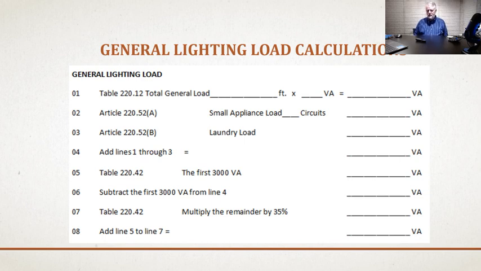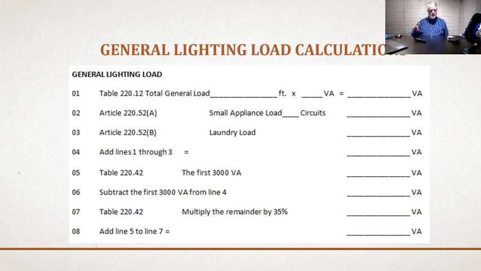Most residential homes, you're going to put more than 2 in there, but the code is the bare minimum. So you would have your 2 in there, calculated at what? 1500 VA. And then our laundry load, 220.52(b), would be calculated at 1500 VA also.